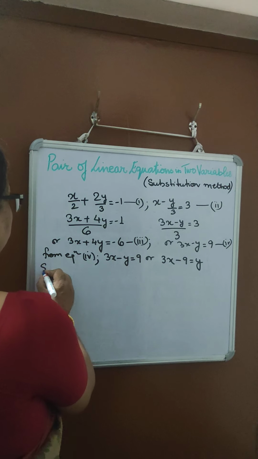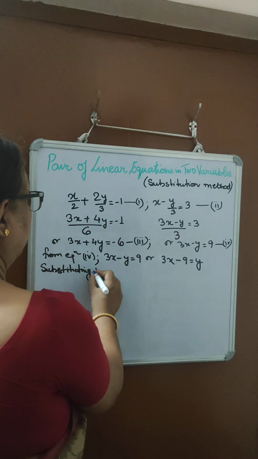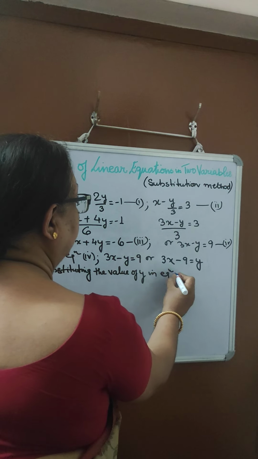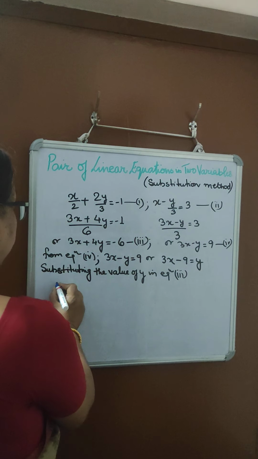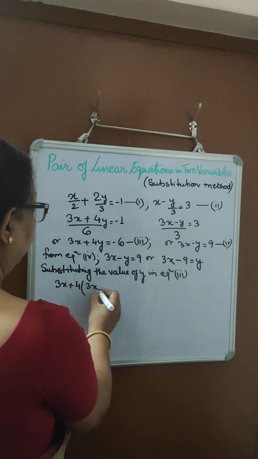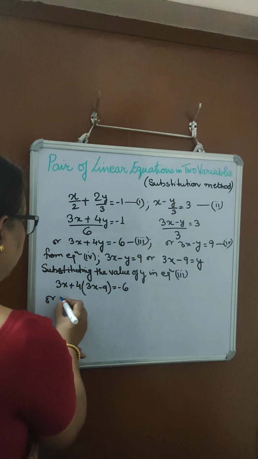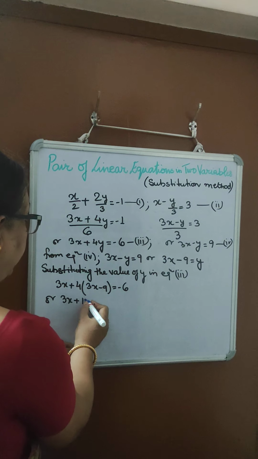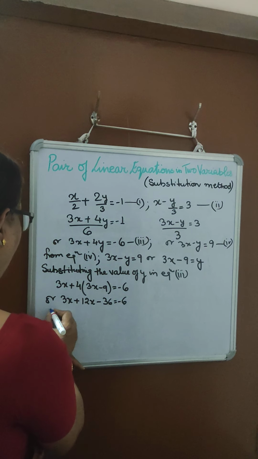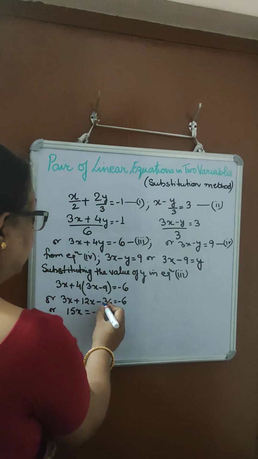So substituting the value of y in equation 3, 3x plus 4 y, y is 3x minus 9, equal to minus 6, or 3x plus, we multiply 3 into 4, 12x, minus 4 9s are 36, equal to minus 6, or 3x plus 12x, 15x equal to minus 6 plus 36.